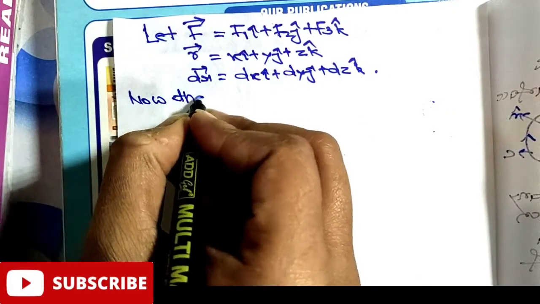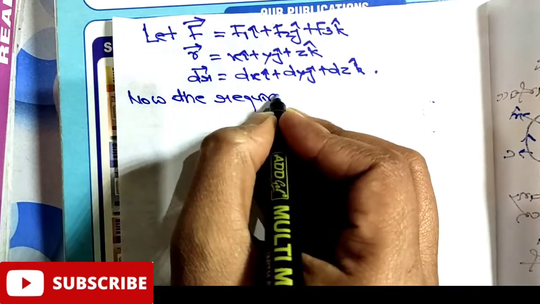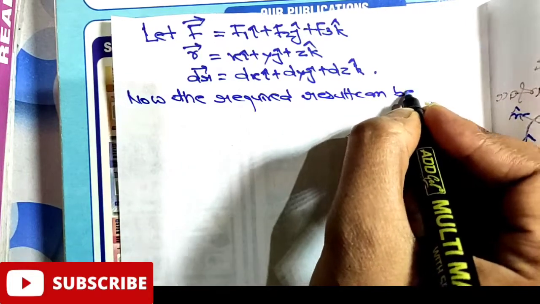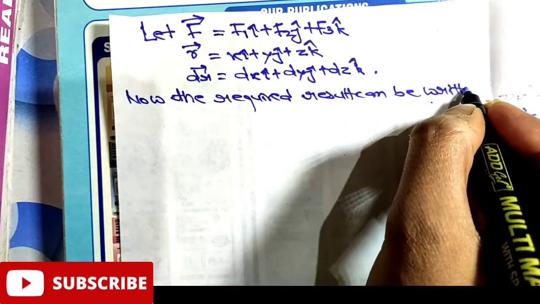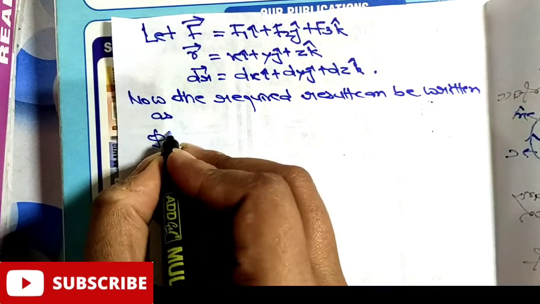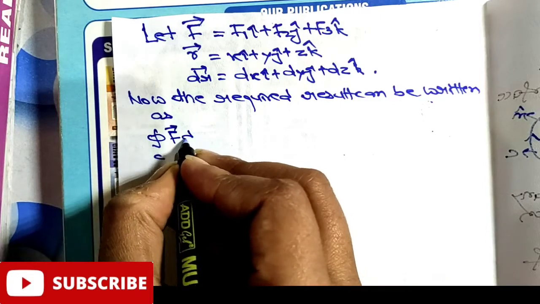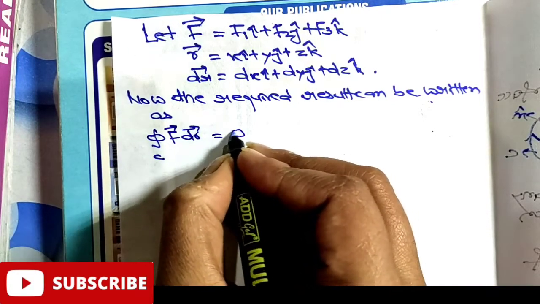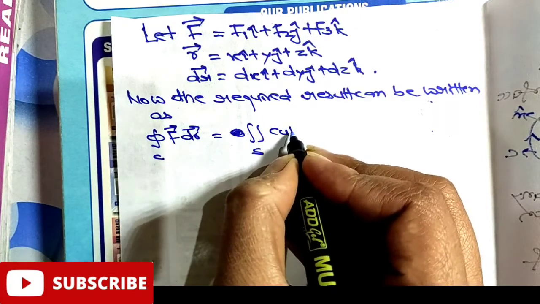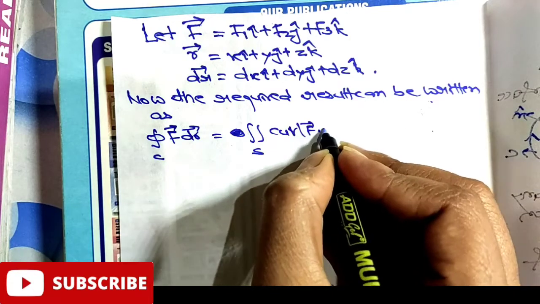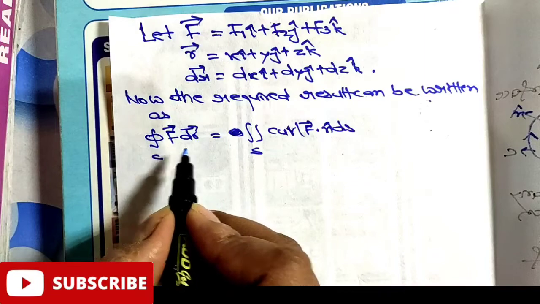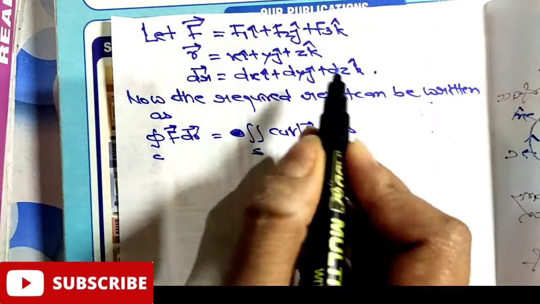Now the required result can be written as: what we have to find, line integral of f vector dot dr vector is equal to surface integral of curl of f vector dot n cap ds. So we are going to put the values of f and dr from this equation.